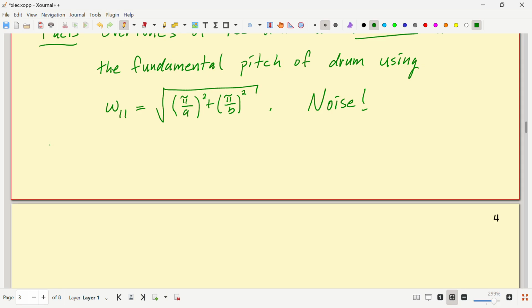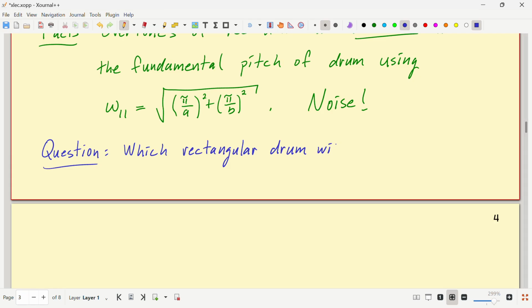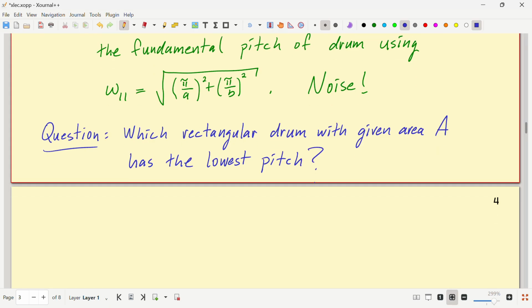So here's a question: which rectangular drum with given area has the lowest pitch? And that's not a hard calculus problem.